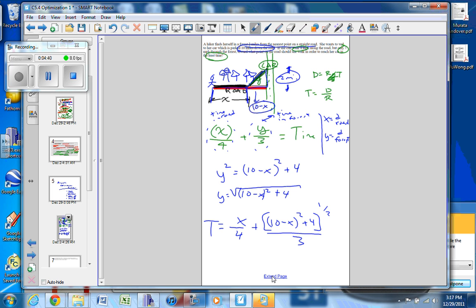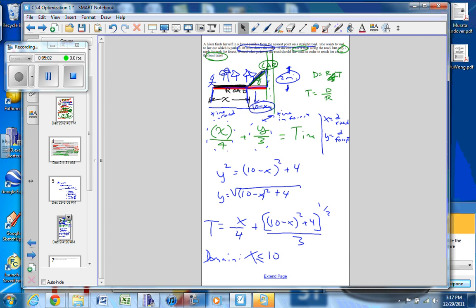Well, first, let's make sure we know what our domain restrictions are. Thinking about the context of this problem, as X gets bigger and bigger, the furthest we can go in the X direction is 10. So X must be less than or equal to 10.